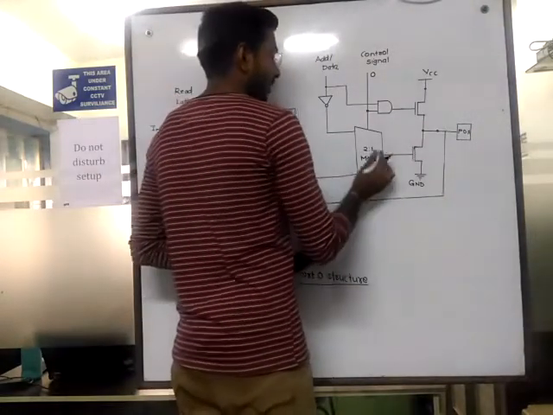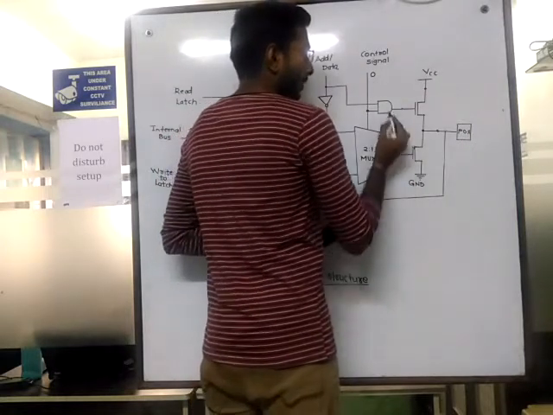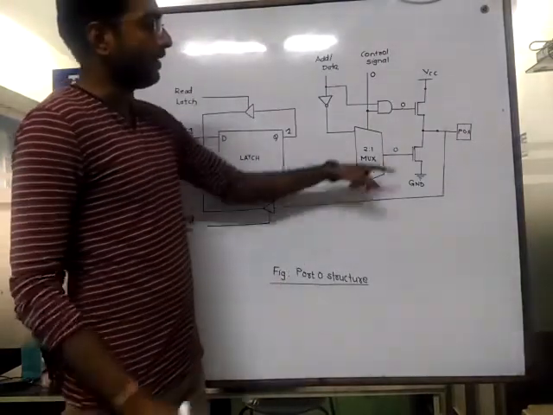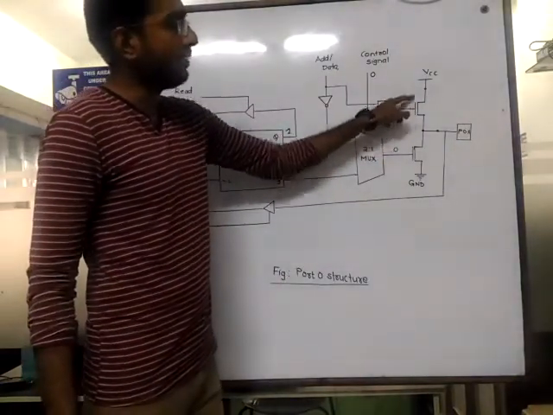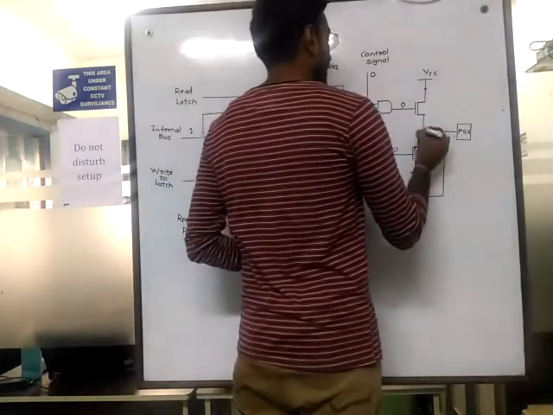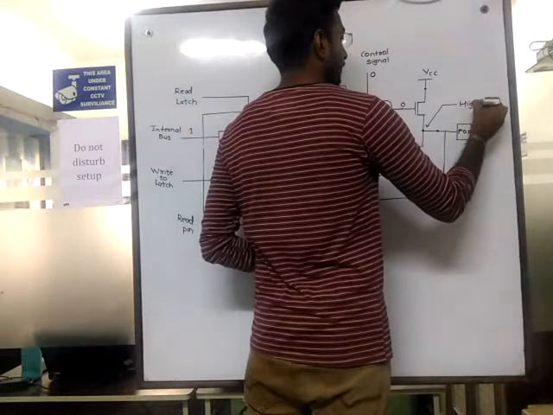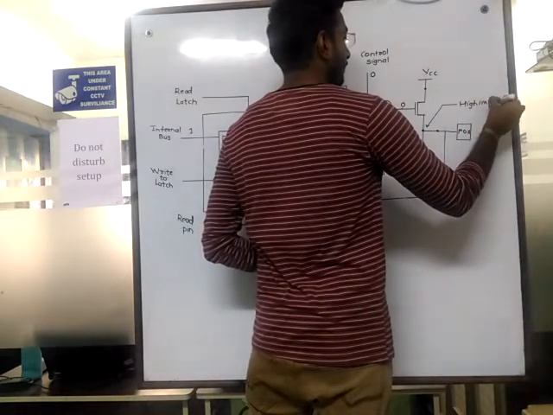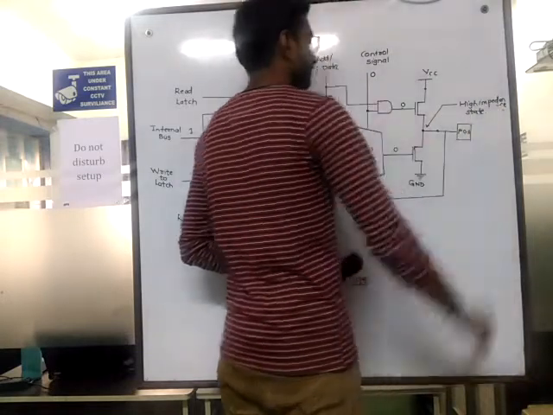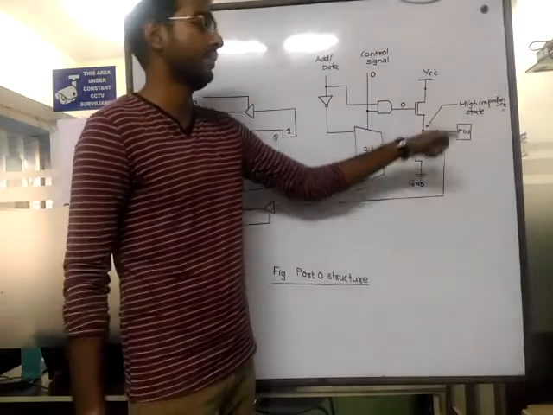Here the 0 will get passed, because 0 is here always. And because of this AND, 0 will be here. Because of this 0, this FET will be off, and because of this 0, this FET will be off. The state here is the high impedance state. So the state of this port is a high impedance state.